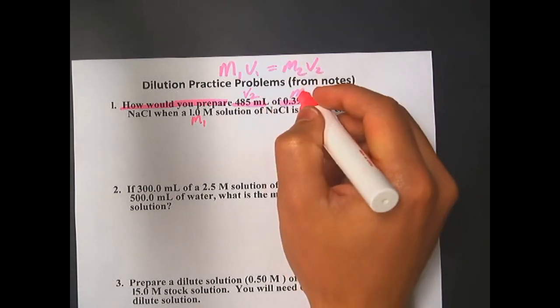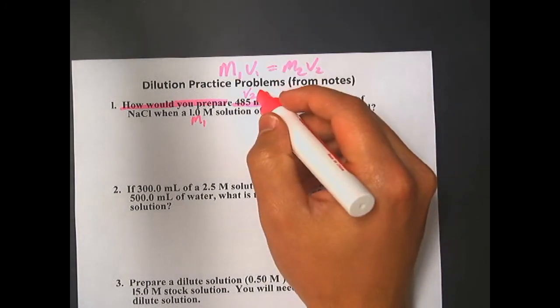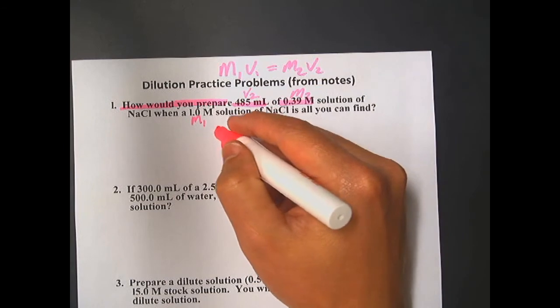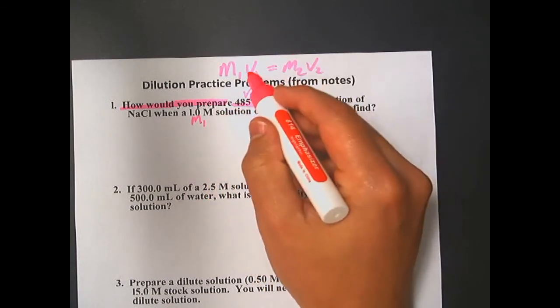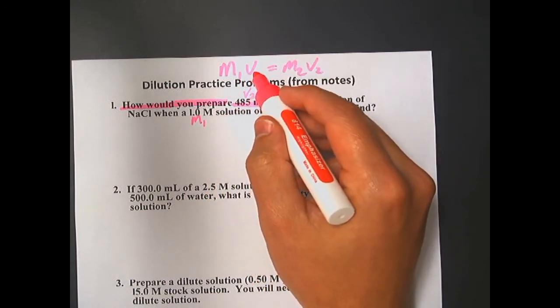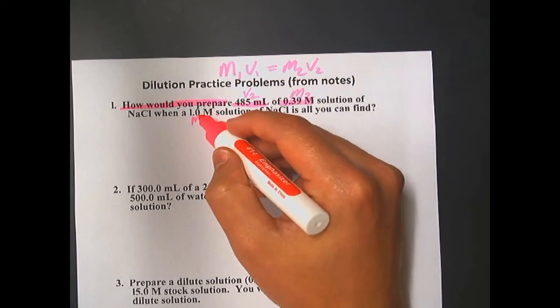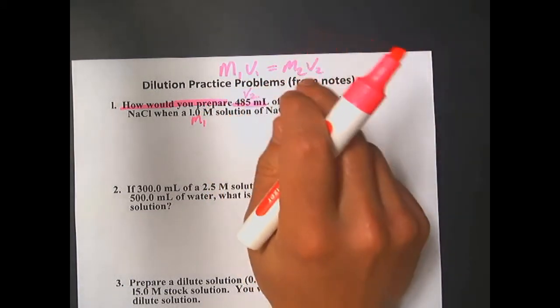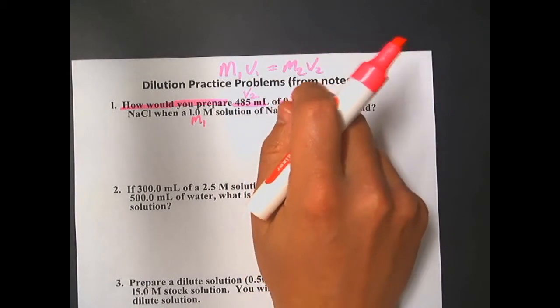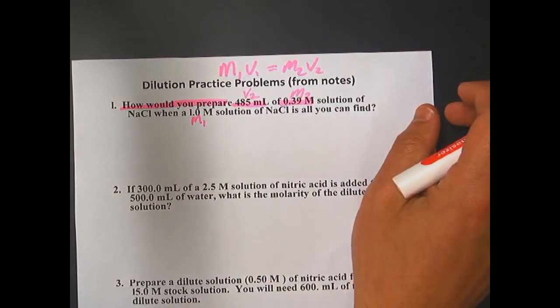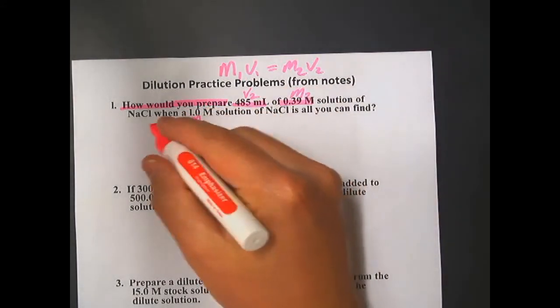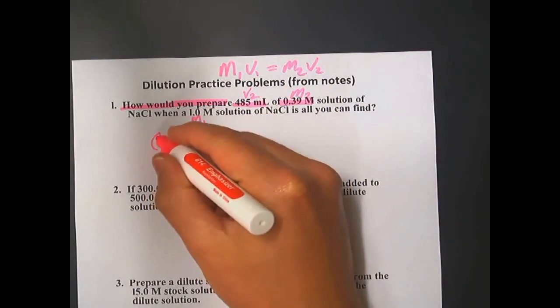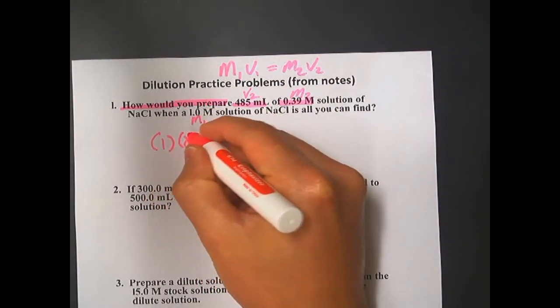So we have our final molarity. We have the final volume we want. We have the initial molarity, so that means we must be solving for the initial volume. How much of this 1 molar solution do we need to make 485 milliliters of 0.39 molar? So M1 V1: M1 is 1, V1 is x.